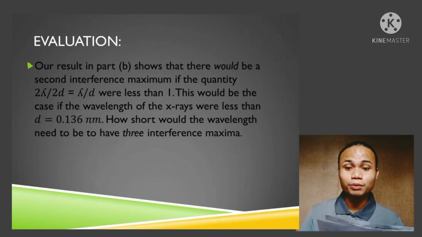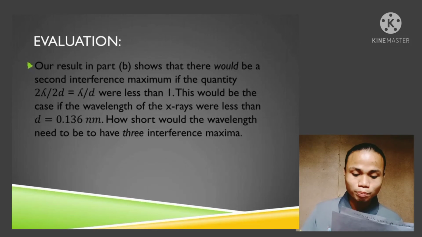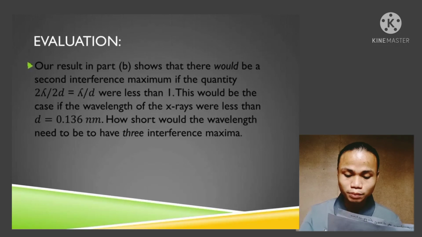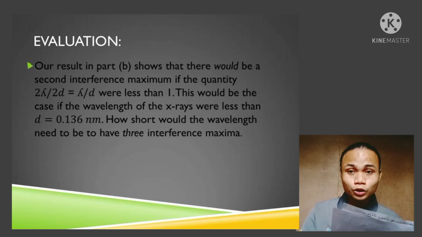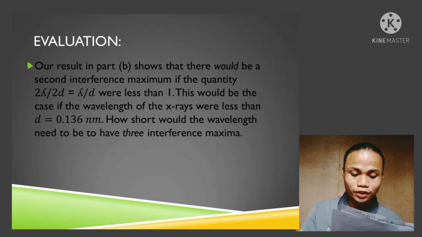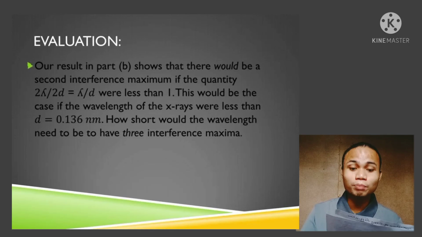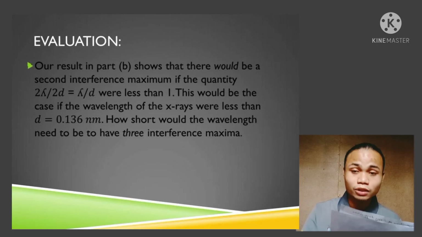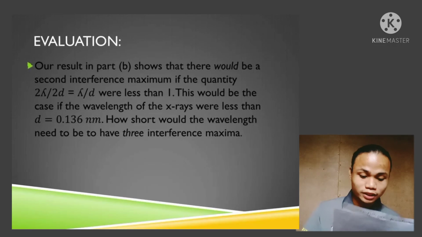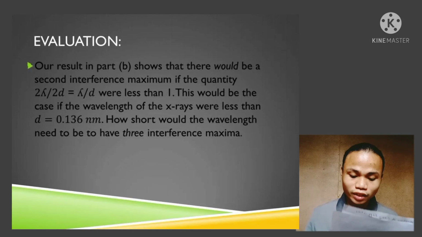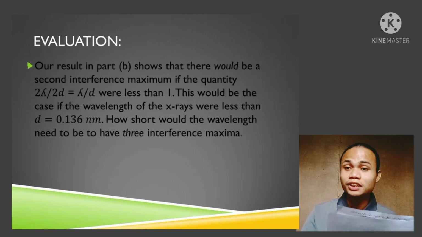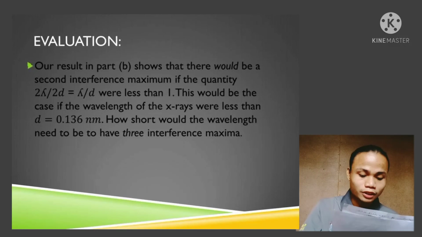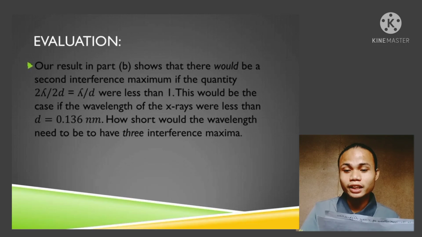Let us evaluate. Our result in part B shows that there would be a second interference maximum if the quantity 2 wavelength over 2 d, which is equal to wavelength over the distance between adjacent planes, were less than 1. This would be the case if the wavelength of the X-rays were less than d, which is equal to 0.136 nanometers.